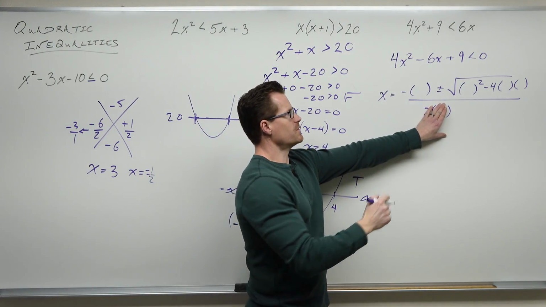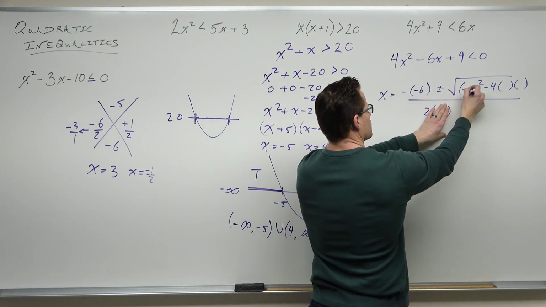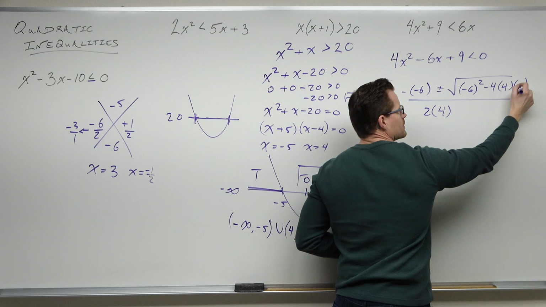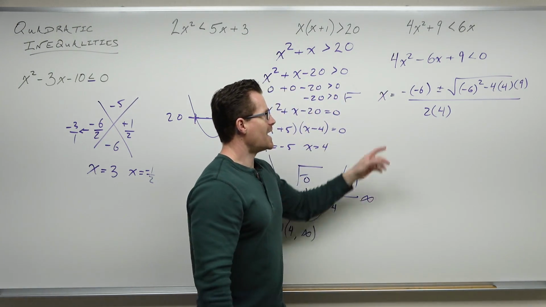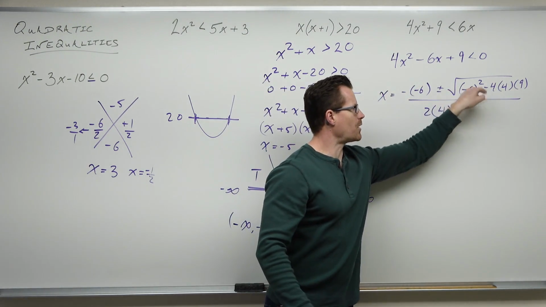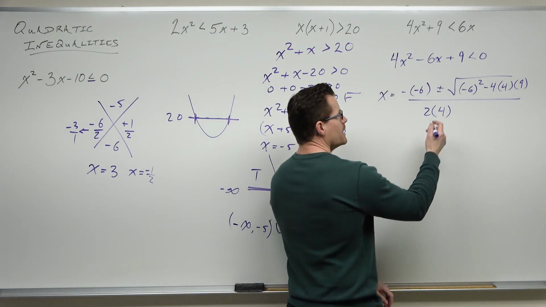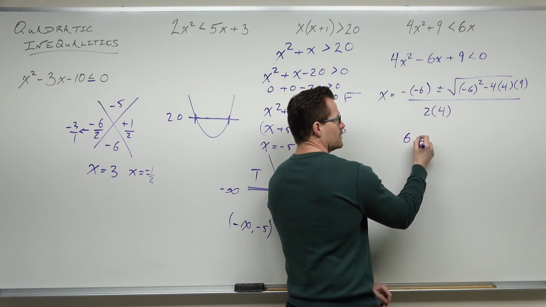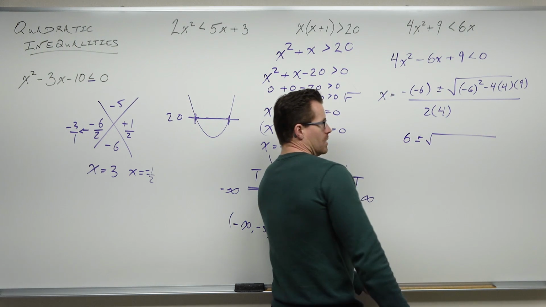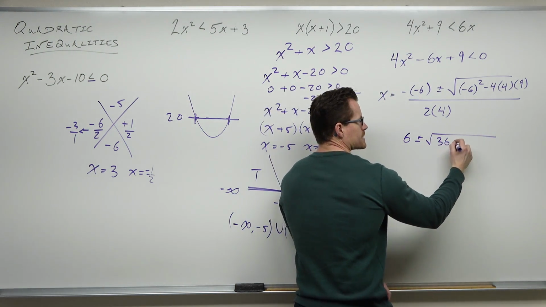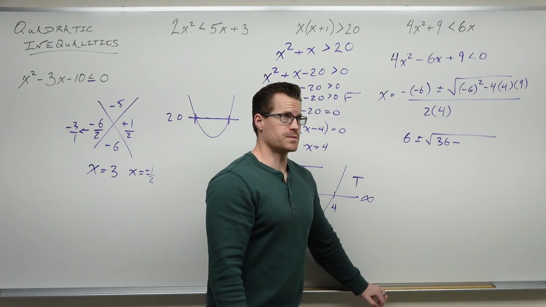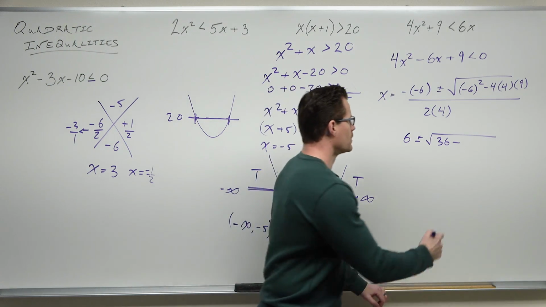Now I would typically do my b's, then my a's, and then my c. I don't care about this. I care about that right now. Because here's what's going to happen: inside my radical, we have 36 minus 4 times 36. 144.